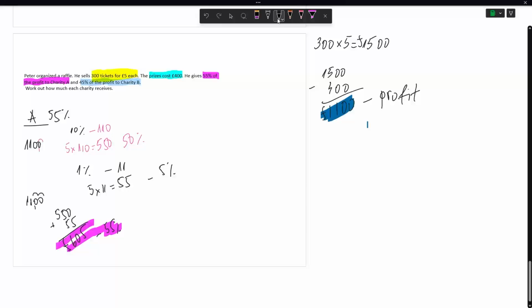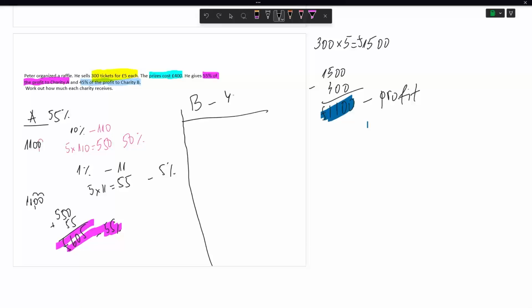Let's see how much charity B receives. Charity B, they told us they receive 45%. Okay, again, we have our profit, which is 1,100. And we found here 10%, which we said is 110.